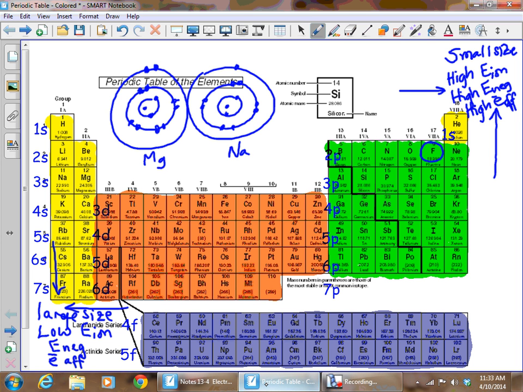By looking at it, you would think magnesium would be the bigger atom because it has 12 protons, usually 12 neutrons. Sodium has 11 protons, usually 12 neutrons. So it's got more particles in it. You would think sodium would be bigger. But look at our trend. Our trend says as you go across the periodic table, the size gets smaller.